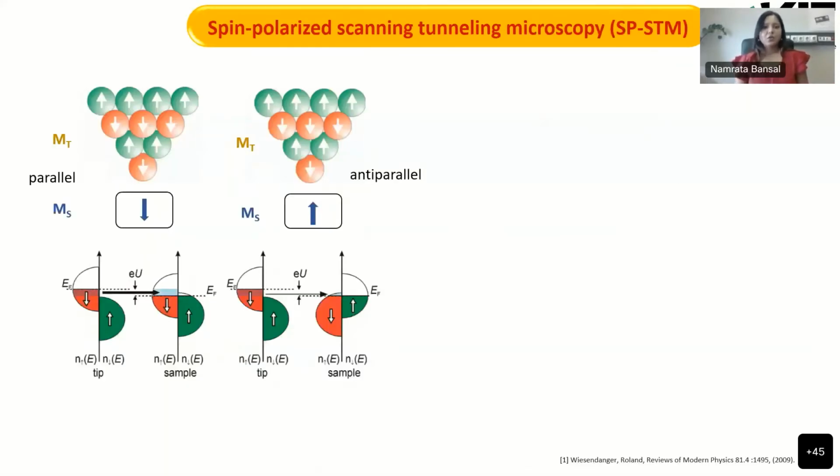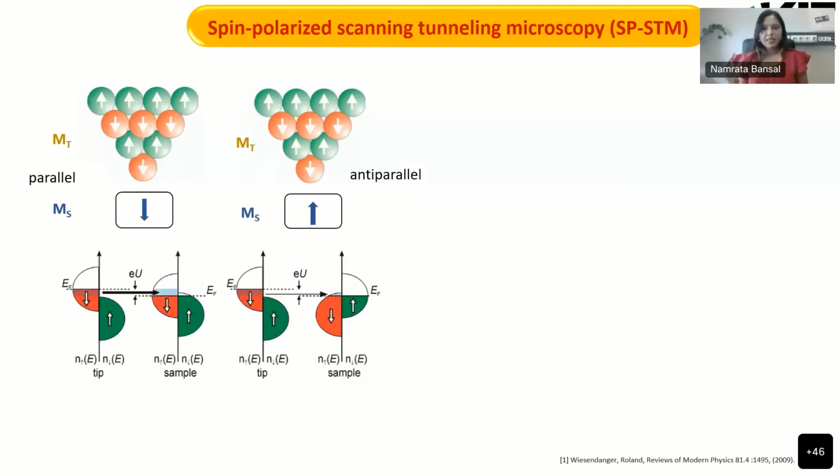Now I will talk about the characterization technique which we have used in this work, which is spin polarized scanning tunneling microscopy, also known as SPSTM. In this technique, the spin polarized tunneling current tunnels from the magnetic tip to the magnetic sample, which depends on two factors.